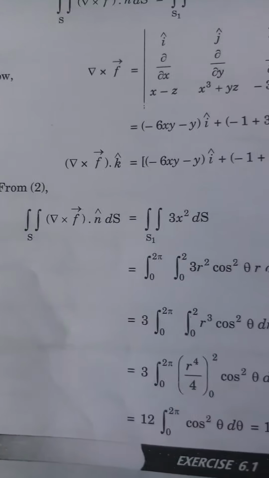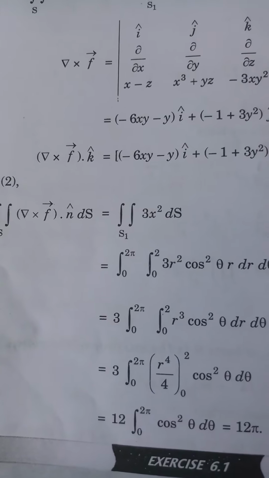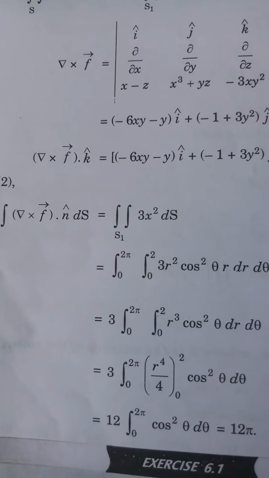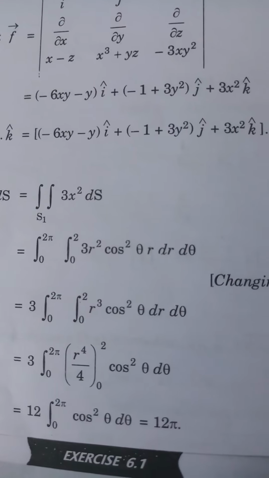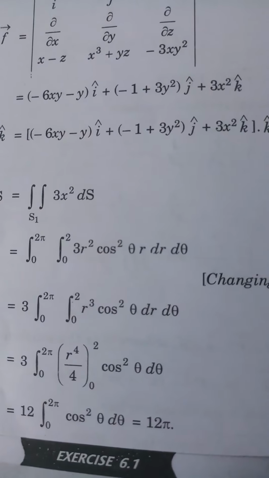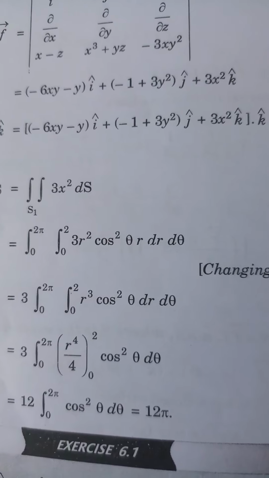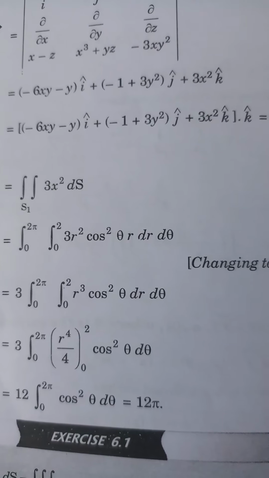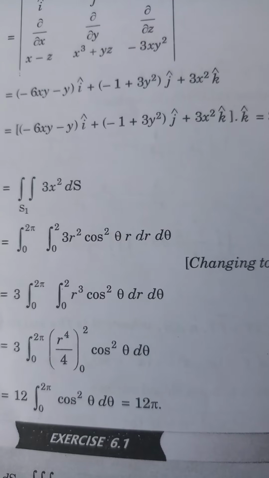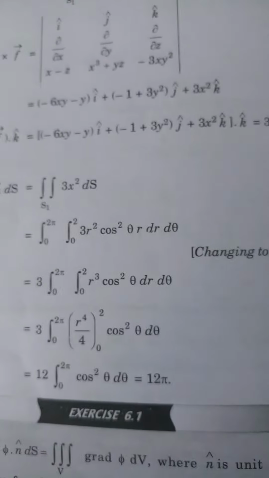Therefore the double integral over S of curl f dot n ds is equal to the double integral over S1 of 3x square ds, which is the integral from 0 to 2 pi, integral from 0 to 2 of 3 r square cos square theta r dr d theta, changing to polar coordinates.